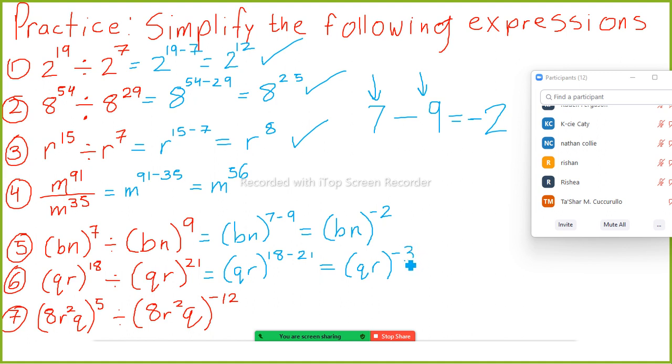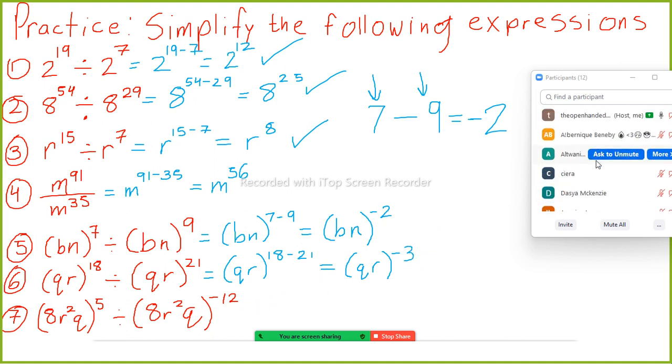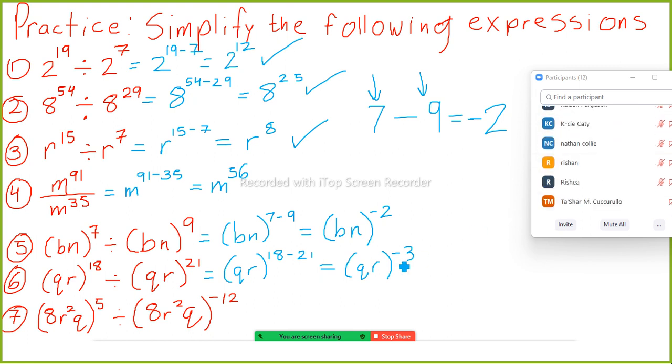Excellent. And Rashan, Neely, what is your answer for this one? The grand finale. What do you think? Rashan, Neely.